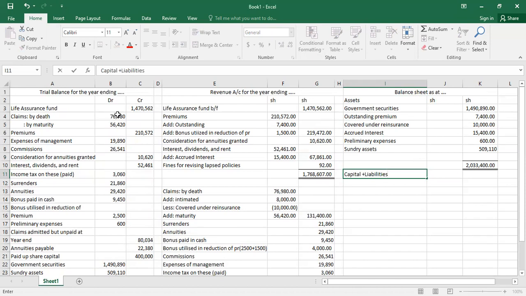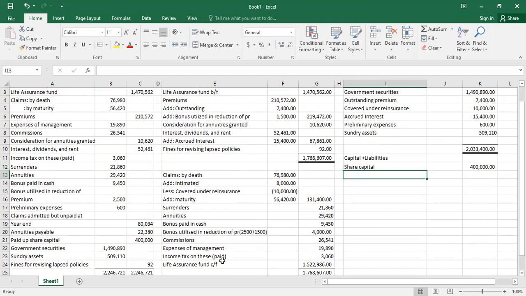You start with the share capital. Our share capital is 400,000. Just write share capital, $400,000. I have now my balancing figure, which is the life assurance fund.